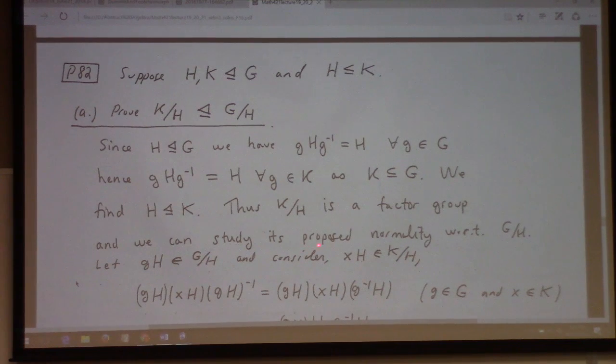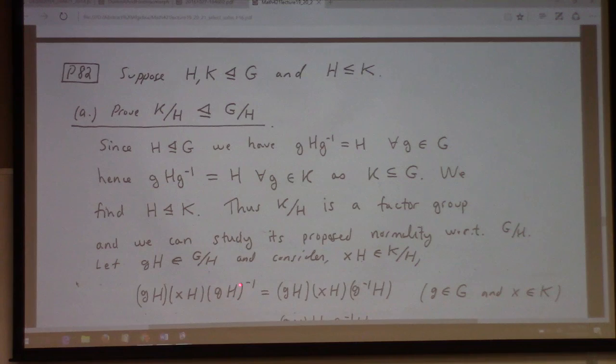So now I just need to figure out if it's normal with respect to G mod H. I need to study conjugation by a gH element, which in this case is something like gH, and something in K mod H has the form xH where x is in K. So this is equal to that. Nothing much changed there, did it?